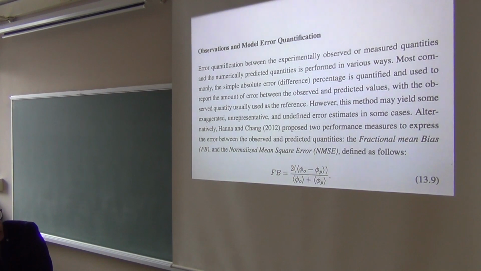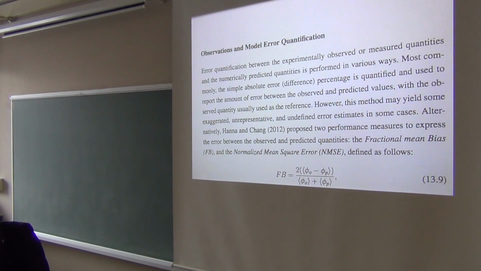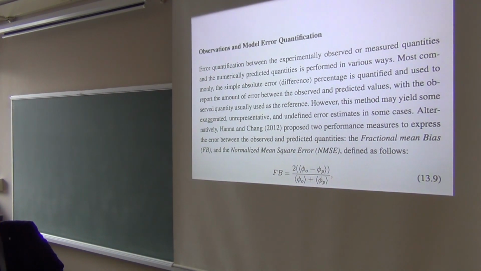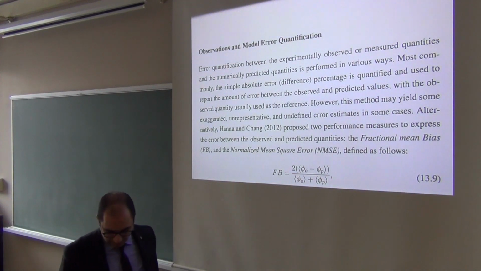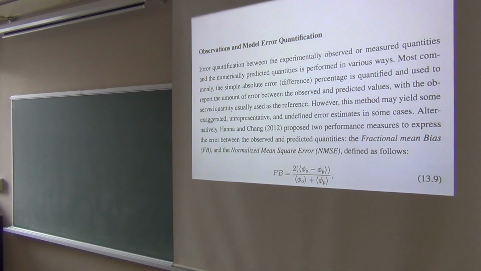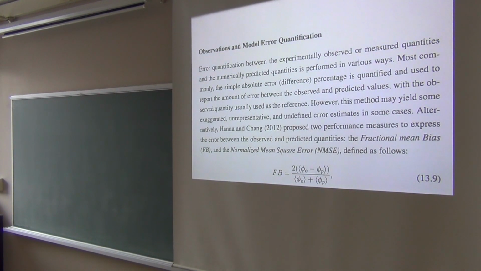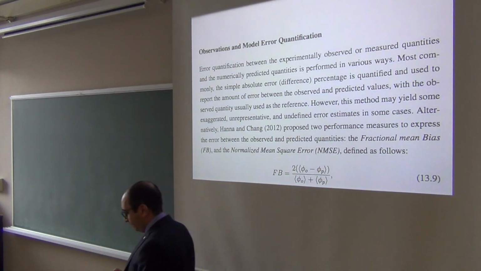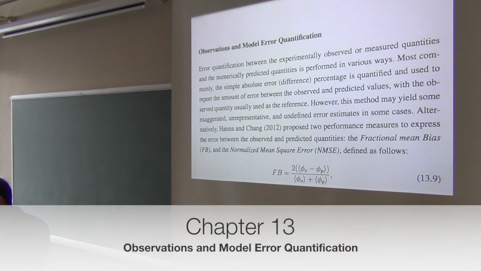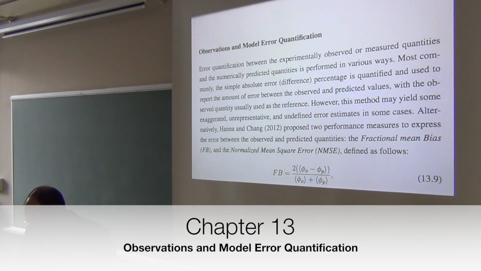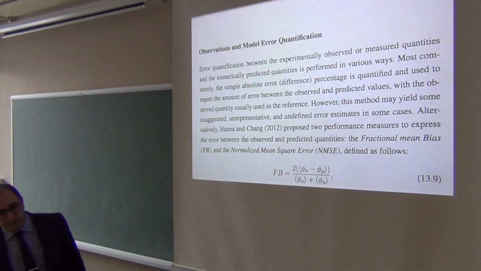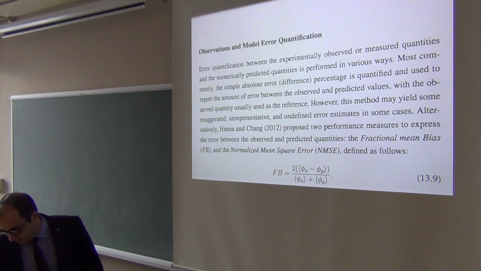I have not yet talked about comparison to observations yet, but that's what I'm going to do next. What about observations? How do I compare my model result to some observed values? Observation and model error quantification. So I'm going to show you how to do it.